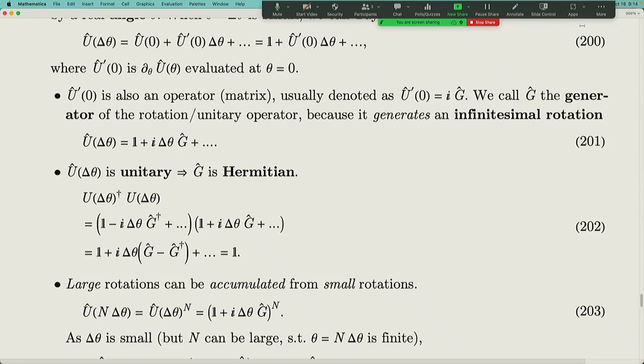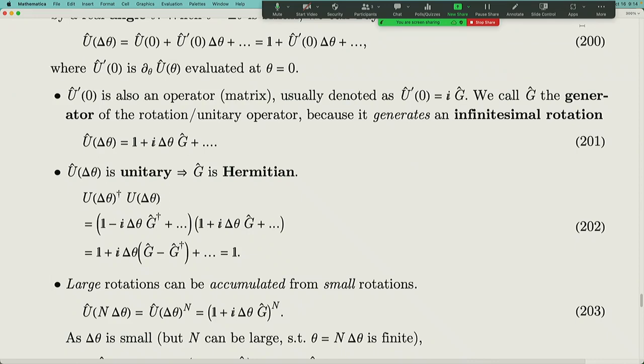Of course, all the higher order terms also need to vanish, but that's an additional condition we don't want to consider for now. For now, at least the first order term vanishing already tells you that this G is Hermitian, because this term has to be 0, and that's the definition of Hermiticity for G.